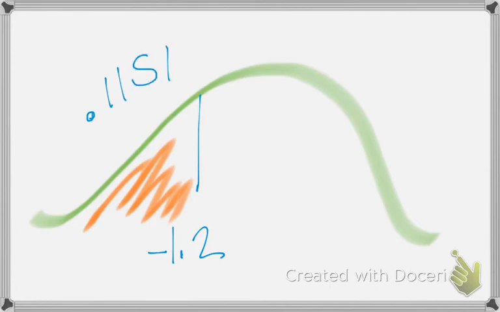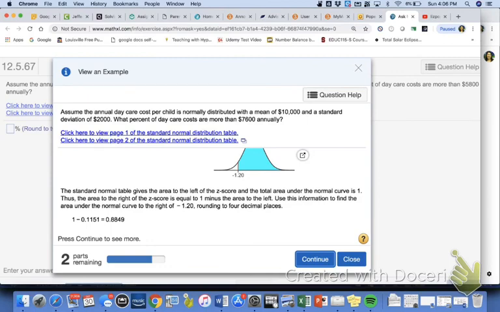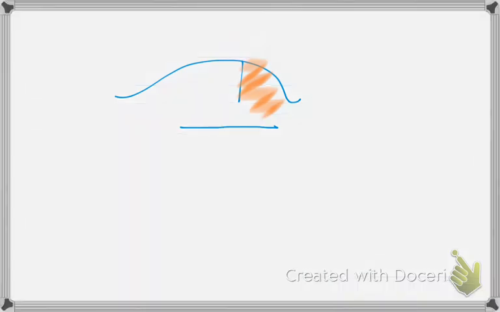But the question is asking us what percent of daycare costs are more than 7,600. So we need to know how much is to the right of that z-score. But it's still easy enough because we know from the table how much is to the left. We just figured that out.